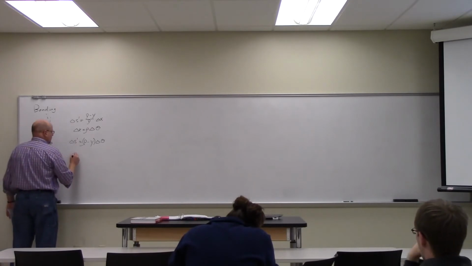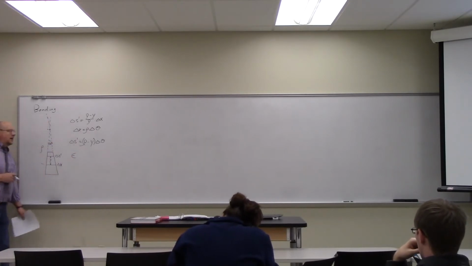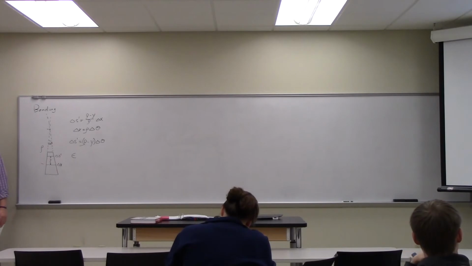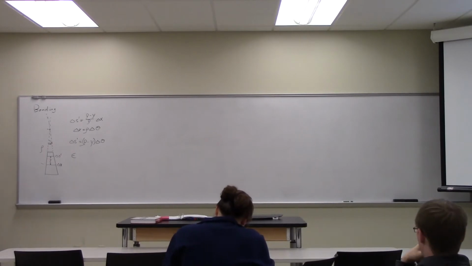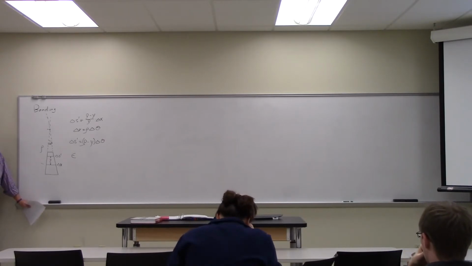So let's say I want to find the strain at that plane, delta S prime. What would the strain be? How would I calculate the strain? Is that the change in distance over area? Change in distance from delta x to delta S prime.